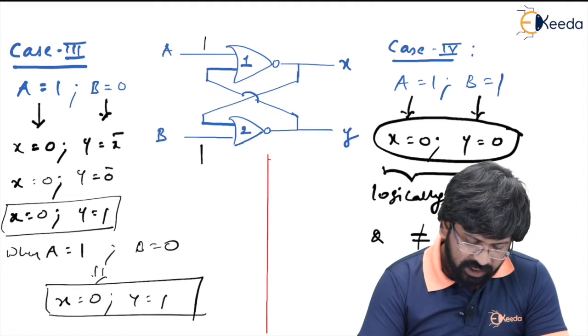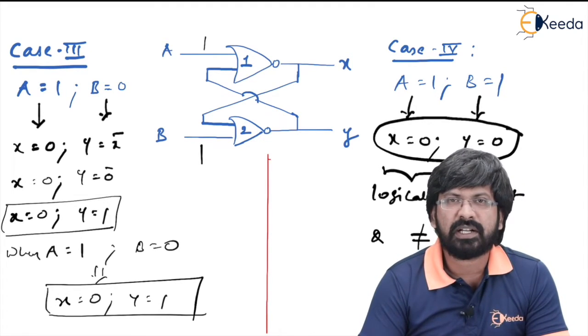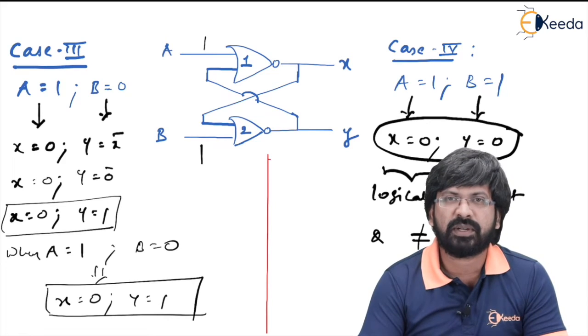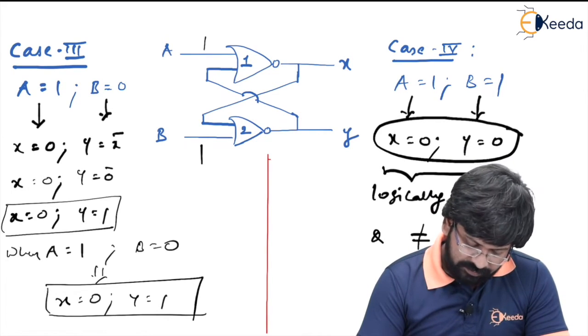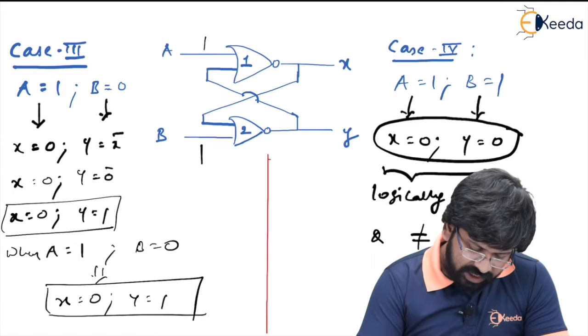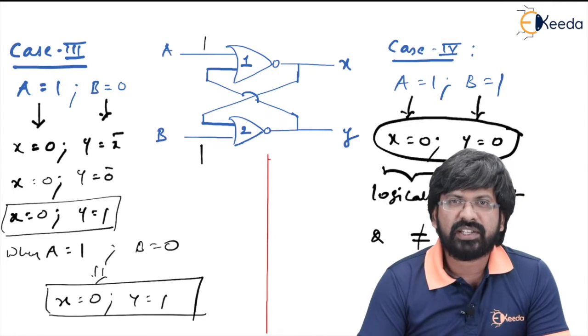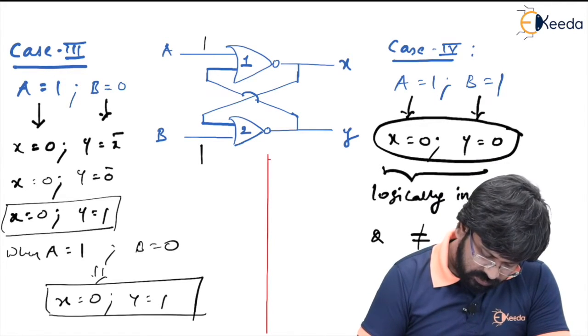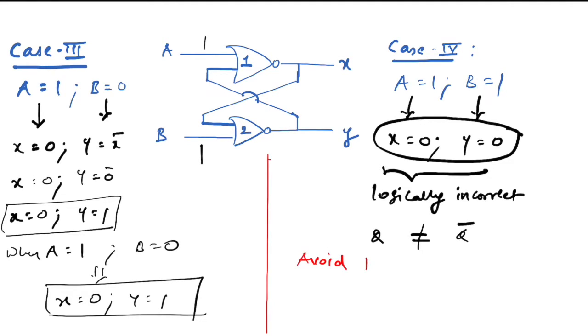We cannot help it, in fact, because A equal to 1, B equal to 1 ultimately causes X to become 0 as well as Y to become 0. Logically, since it is incorrect, we should avoid this case. So in conclusion, I can only write: avoid the case.